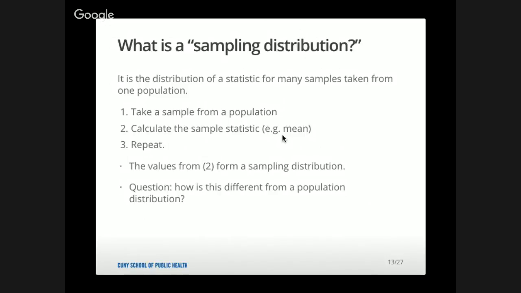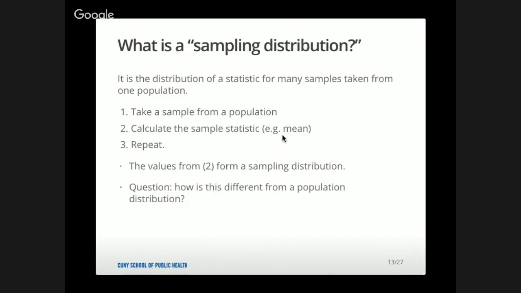So to generate a sampling distribution, you first take a sample from the population. So you're not talking about an individual, you're drawing a random sample from the population. You calculate some sample statistic, quite commonly the mean if it's a continuous variable, and then you repeat. And then the distribution of those sample statistics forms the sampling distribution. So just think about that for a moment.